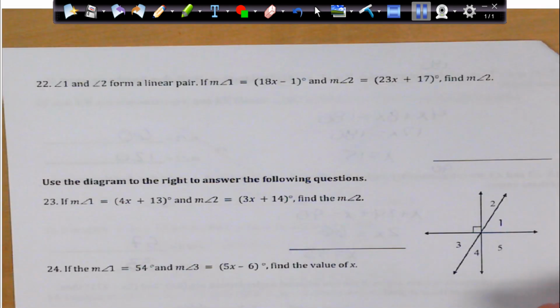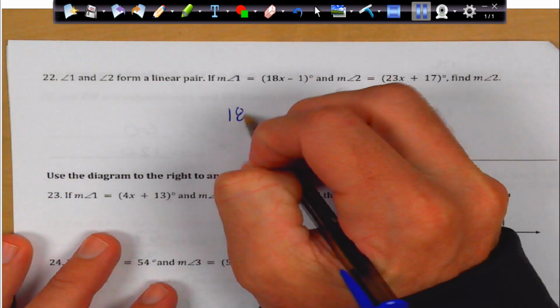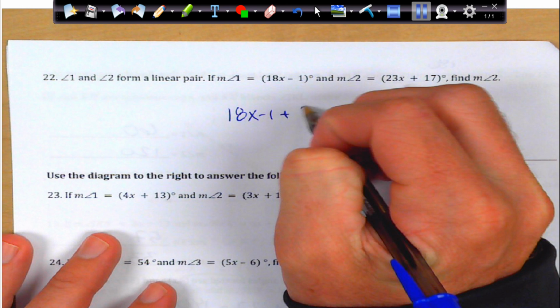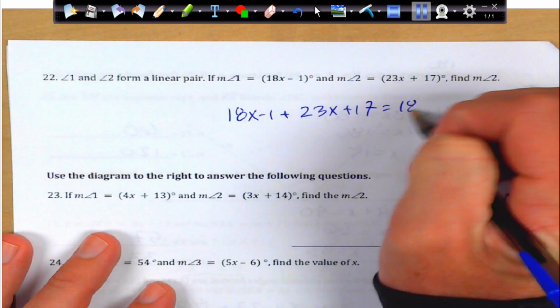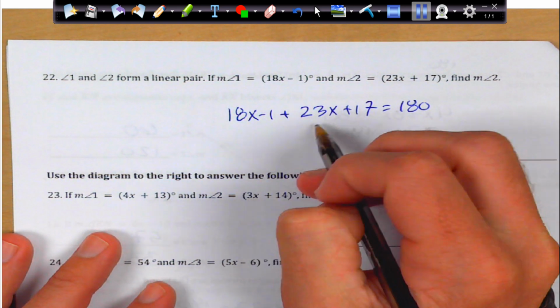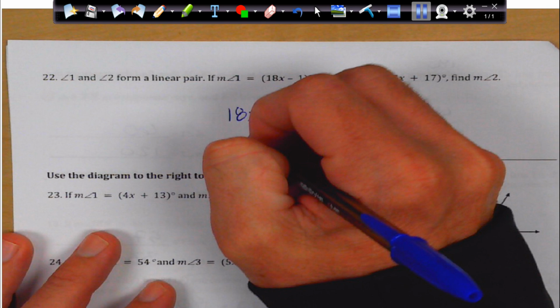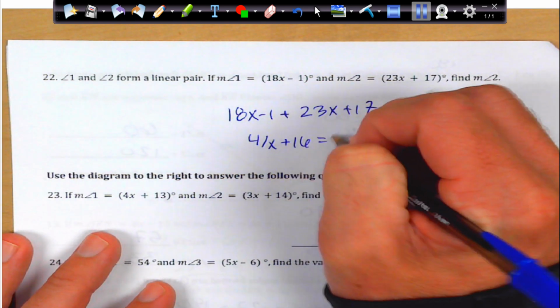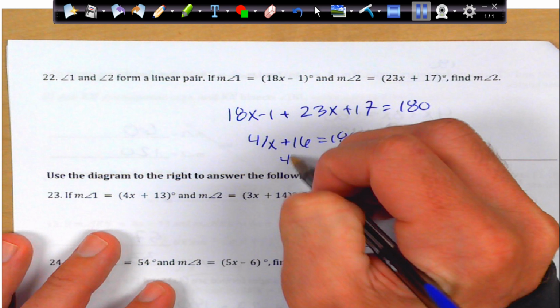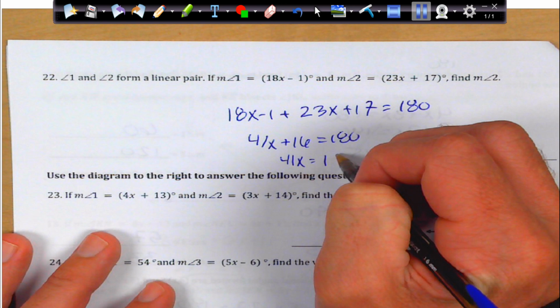These form a linear pair. Add them together, set them equal to 180. All right, let's do it. 18x minus 1 plus 23x plus 17 equals 180. We get 18 plus 23, that's going to be 41, I think. 41x, and then plus 16 equals 180. 41x, and we're going to subtract the 16 across, so it's going to be 164.